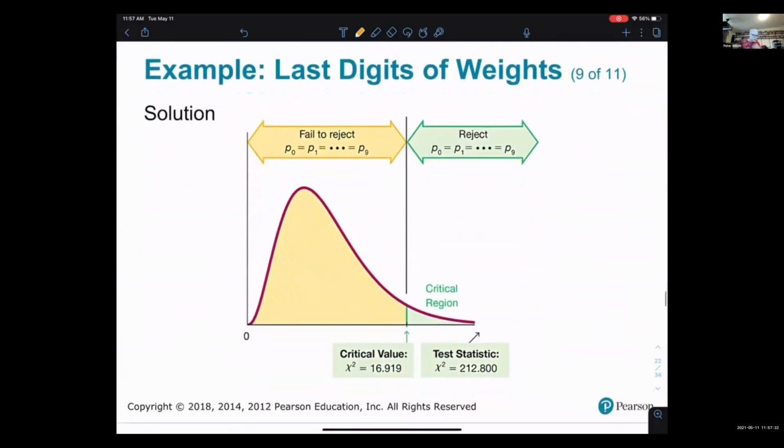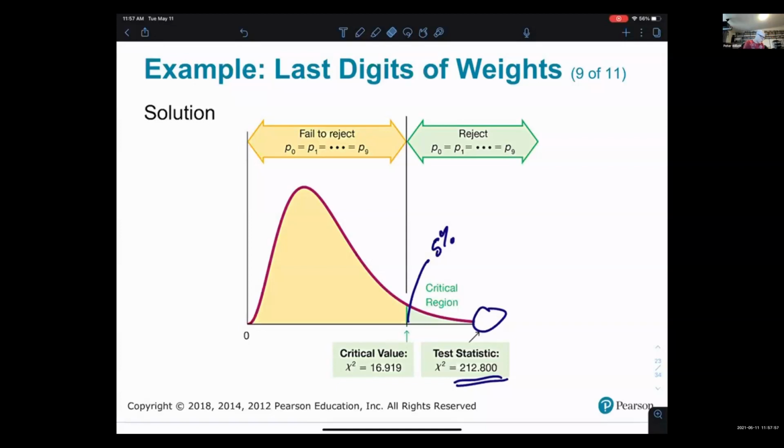So they're reminding us that if you're using the critical value method, you see where you need to be. This is where you need to be at the 5% place, to be at the significance level. And the test statistic was way over here somewhere. So it was in the critical region above 16.9, meaning that you would reject the null hypothesis.